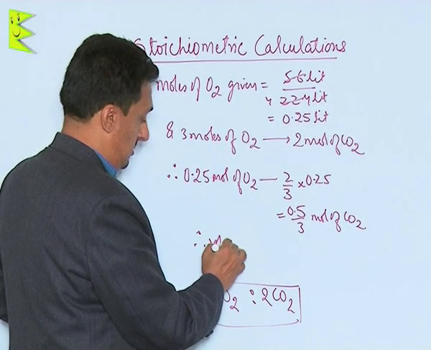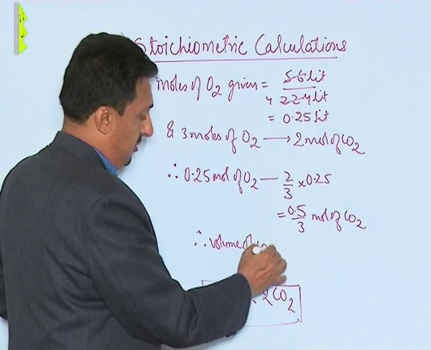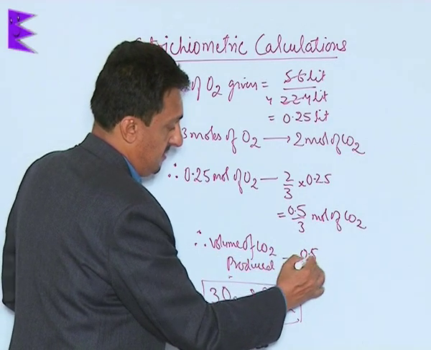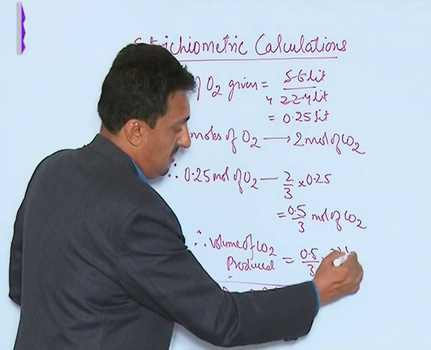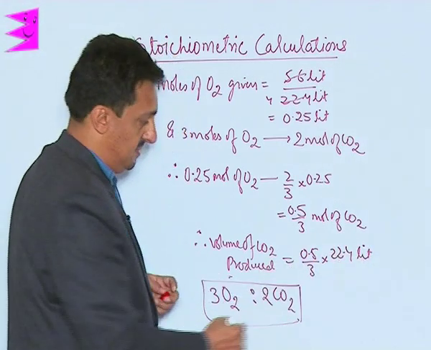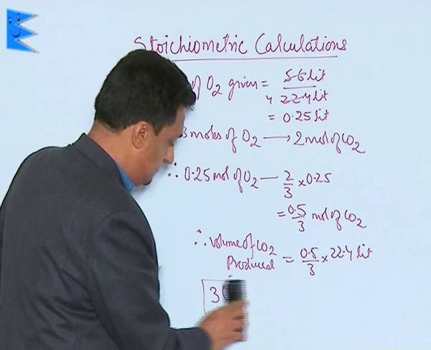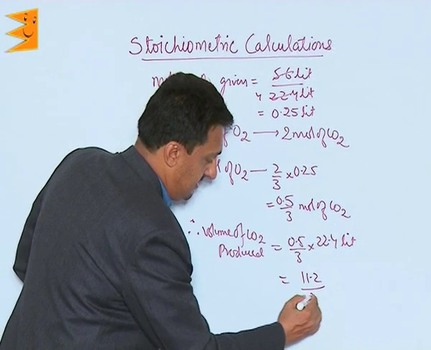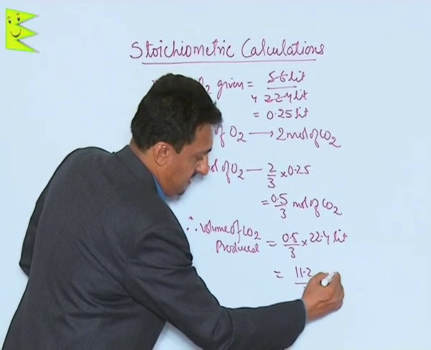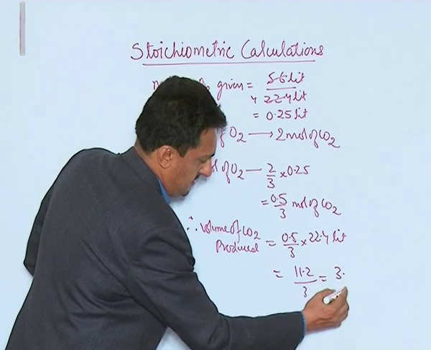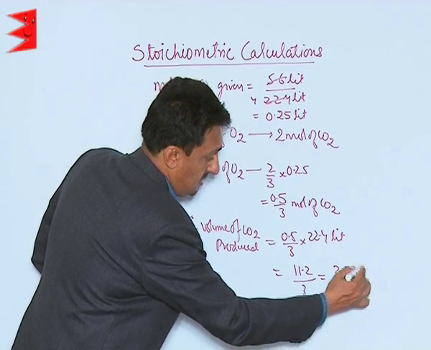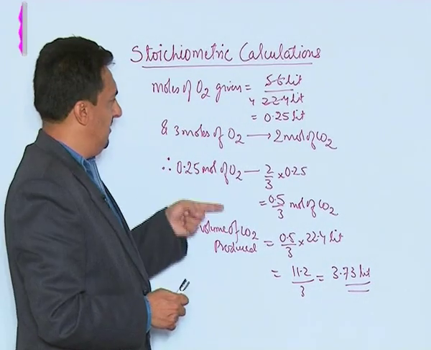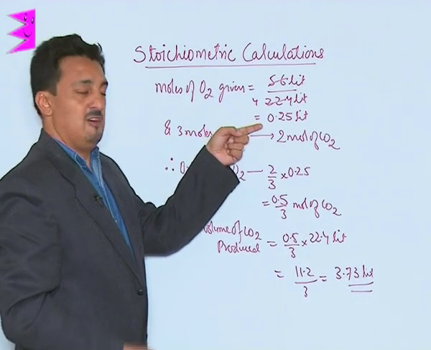Therefore, the volume of CO2 produced will be 0.5 by 3 into 22.4 liters. It will be 11.2 by 3, which will be approximately 3.73 liters.